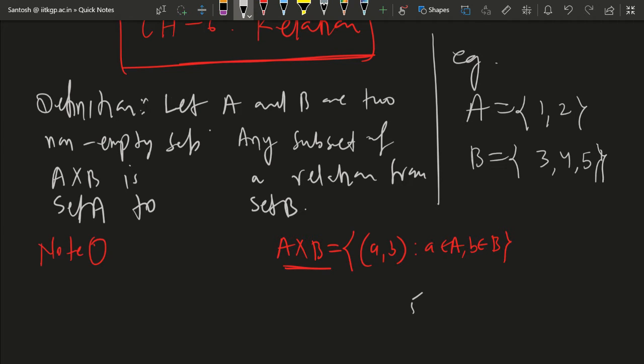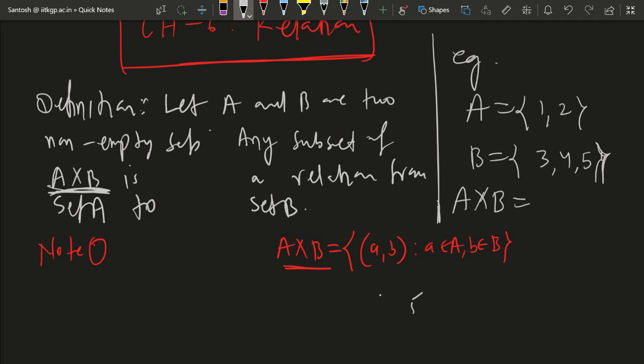A has two members, 1 and 2, and B has three members, 3, 4, 5. What will be A cross B? Then we can define a relation from A to B, which is nothing but a subset of A cross B.